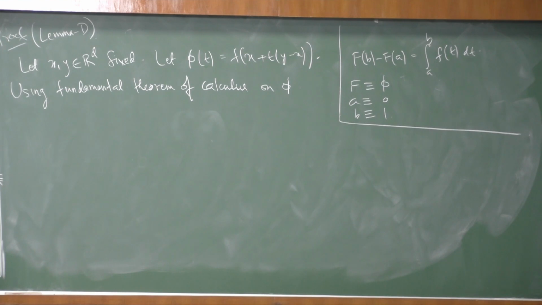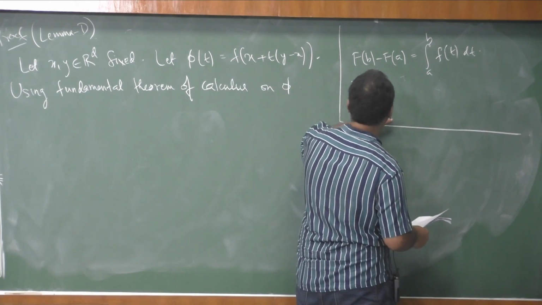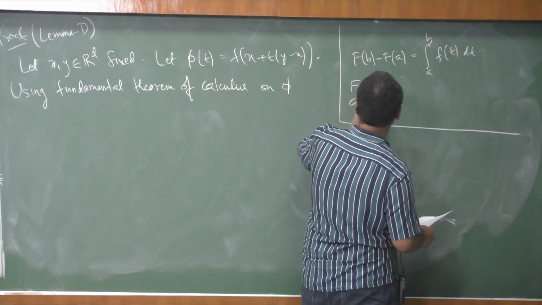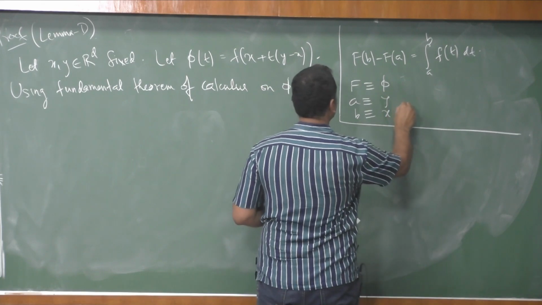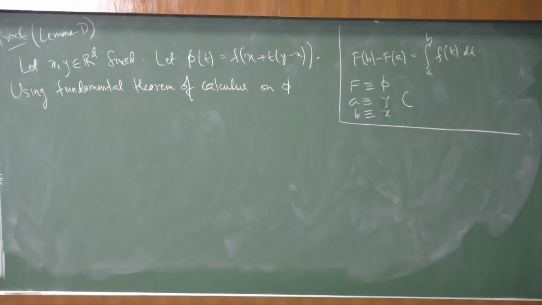So I should choose t equal to the corresponding values. It's a matter of what I really want. In this case, a is the y I want, and b is the x I want. Then I have to integrate from 1 to 0. It's fine, I will do the negative of that.